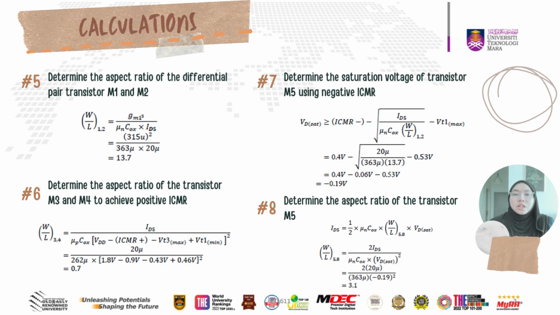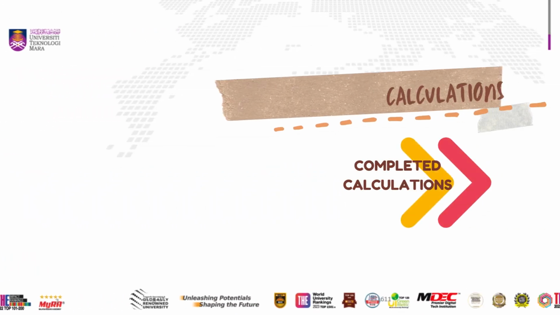So there you go. We have done the calculation for our operational amplifier. To be specific, in these steps, we have calculated all the aspect ratios in order for us to design the 5T OTA, which is one part of the operational amplifier.